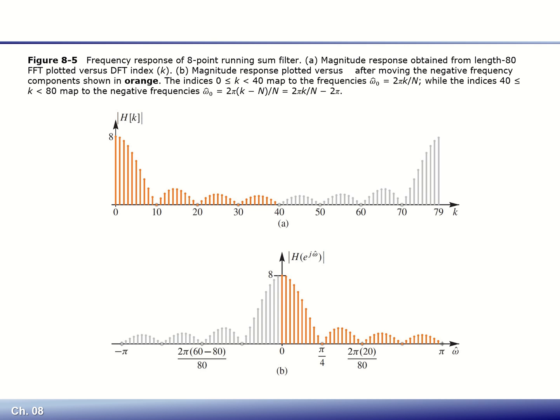So here is an example, and the original one was something like this. We have 8 points running some filter, but we want an 80-point DFT. When we have only 8 points, the value will be only this and this, and this.